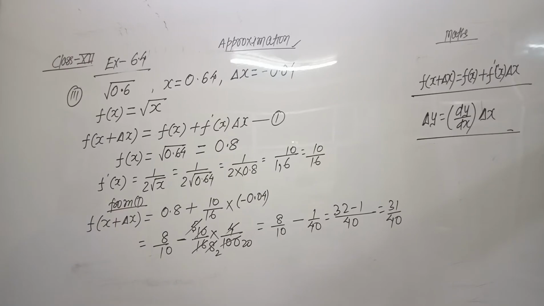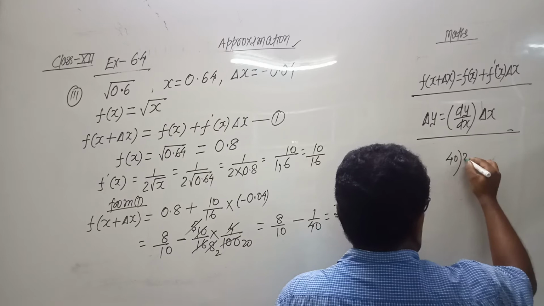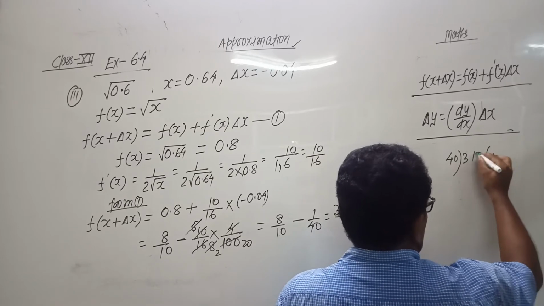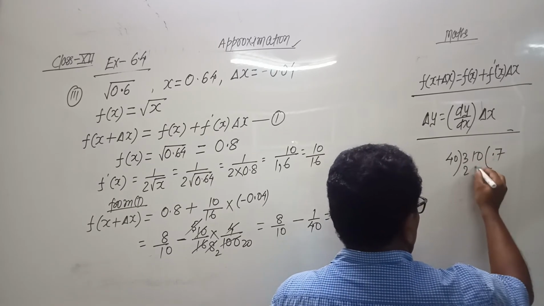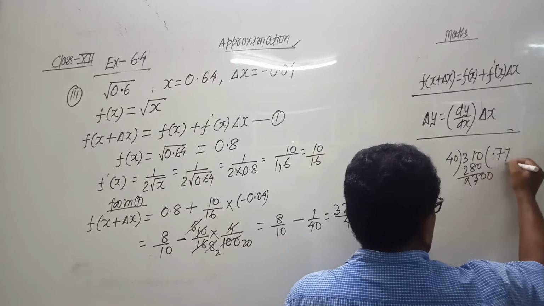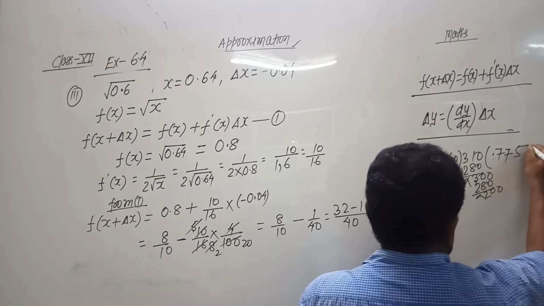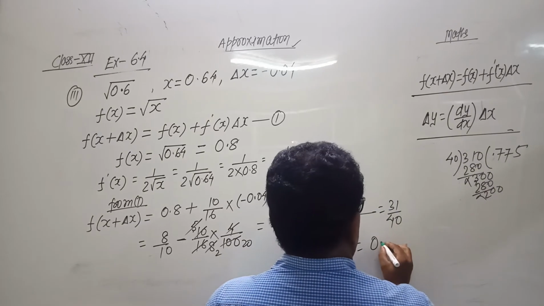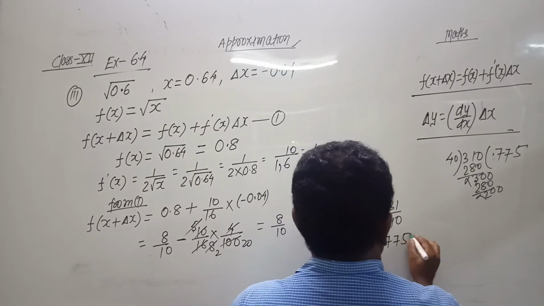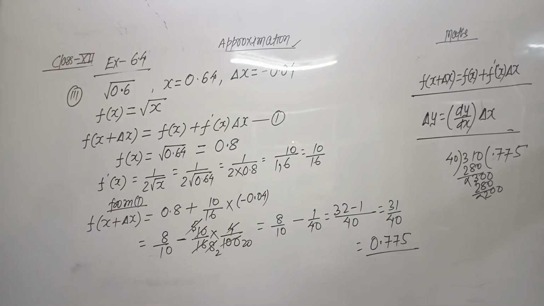Now we divide 31 by 40. So the result is 0.775. So this is the approximate value of root 0.6, which is 0.775.